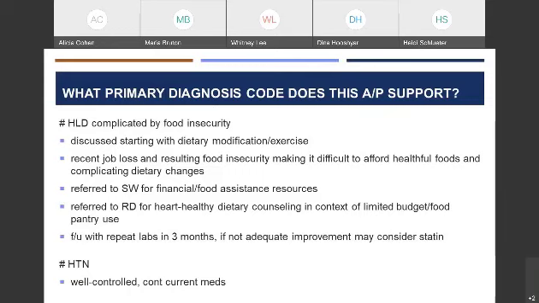So if it was really showing that it was actually exacerbating or something like that, then the food insecurity could possibly be the primary. Okay, got it. So connecting the dots better in this example, but it's still a little bit ambiguous. So maybe we could do a bit better.